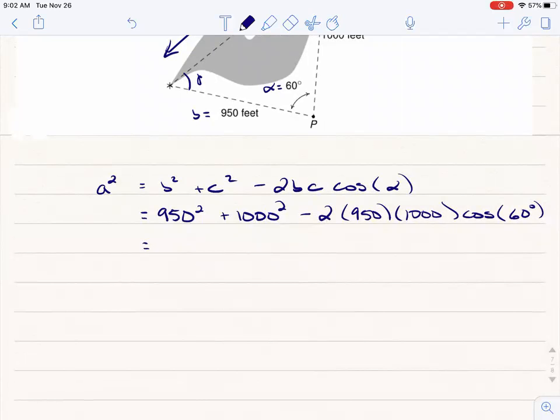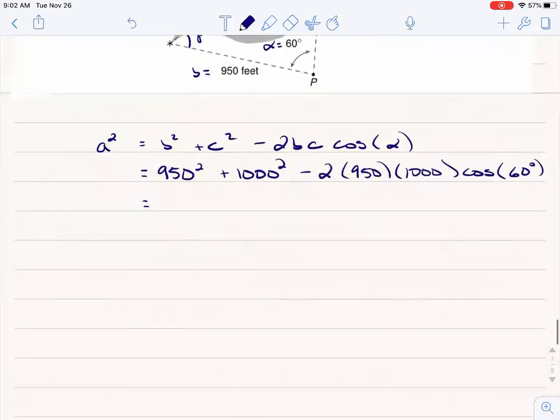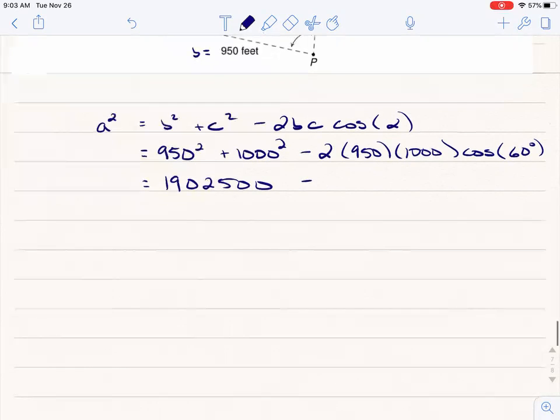I get 950 squared plus 1,000 squared, which is 1,902,500, minus, and I'm going to simplify the 2 times 950 times 1,000, just so I have something clean to work with. 2 times 950 times 1,000 is 1,900,000, times cos of 60 degrees.